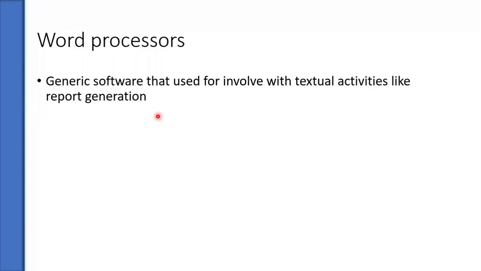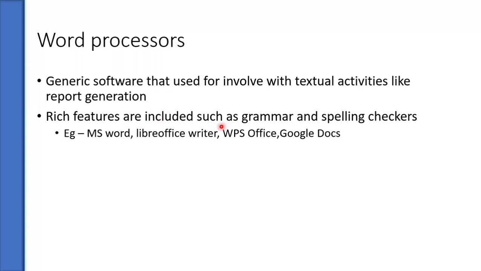Different things are there. You might have used at least one text processor. Rich features are there, such as grammar and spell checking. You might have seen a small underline if something has gone wrong, if your spelling is incorrect or something is grammatically incorrect.